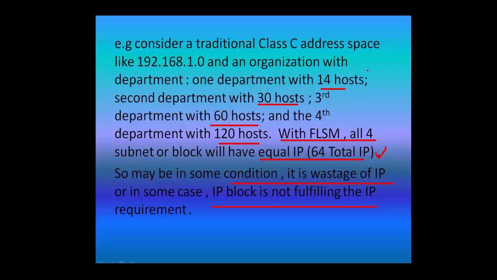In the case of 14 it is a wastage, 30 is a wastage, 60 okay, it can be adjusted. But for the 4 departments, we require 120 hosts, which does not fulfill my requirement. Got the point? So what can we do for that?